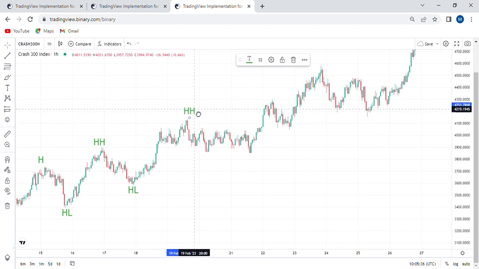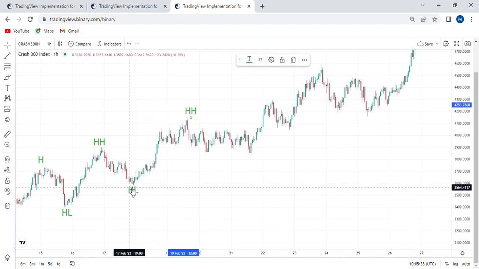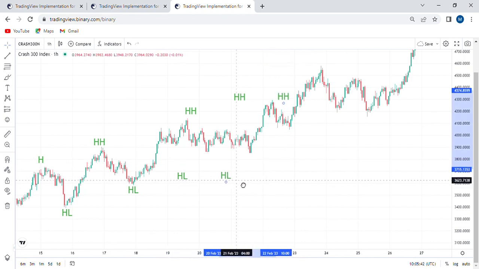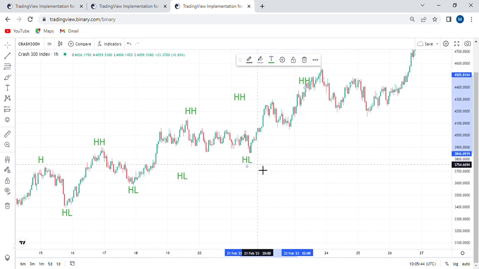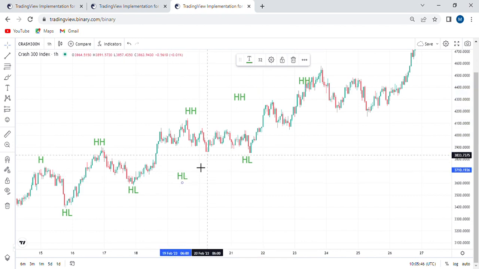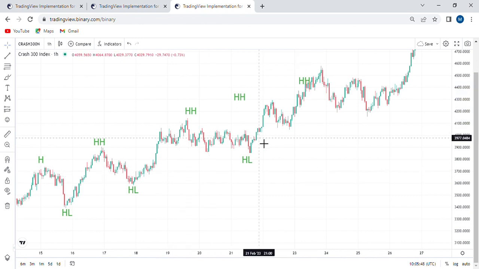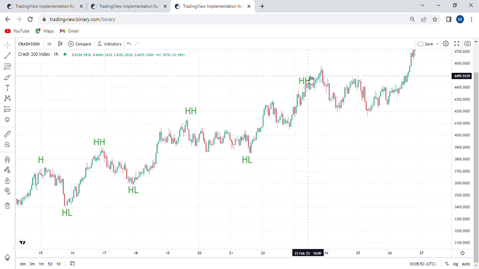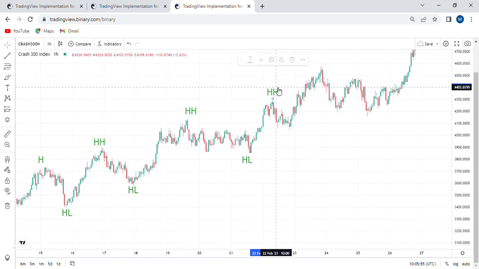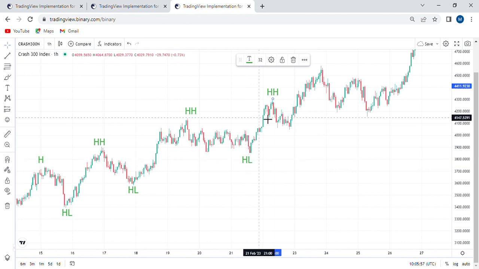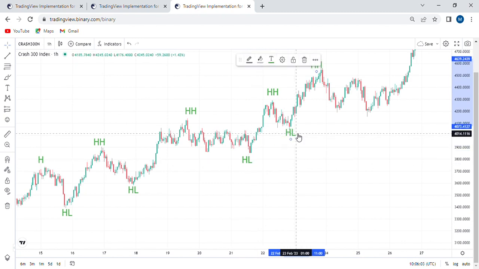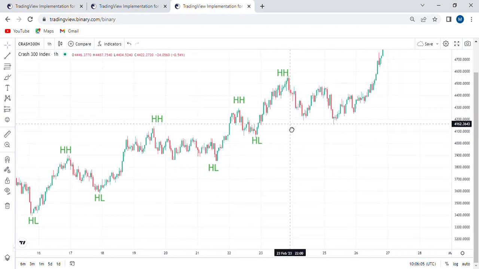This is our higher high. This is our higher low. So this is our higher high. This is our higher low and our higher high over there.